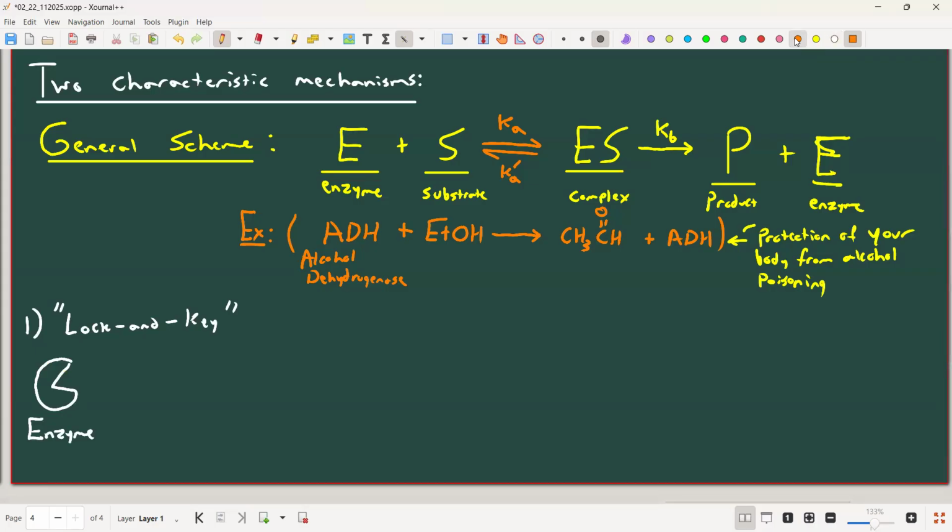Right, and my substrate is a little pizza slice that fits right into that hole. So here's my substrate. Right, and that's going to fit in there. And you can think, well, if it's the right size, this is a fixed hole, what we call a binding pocket.